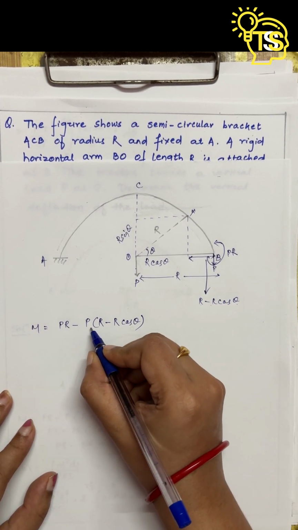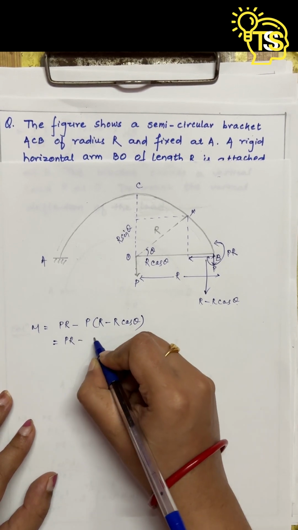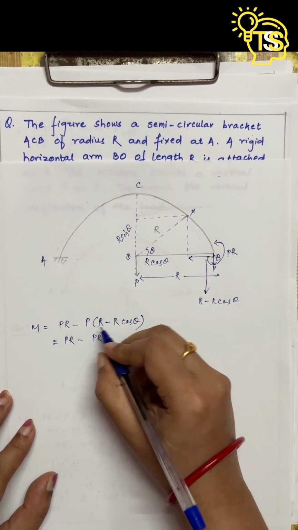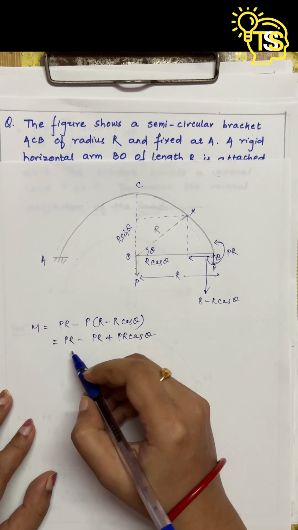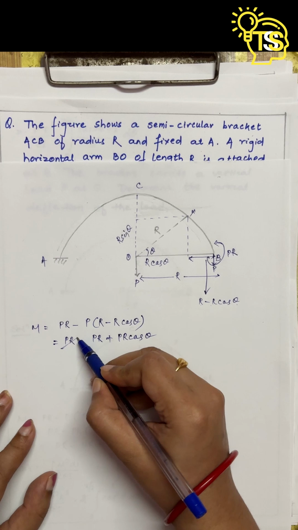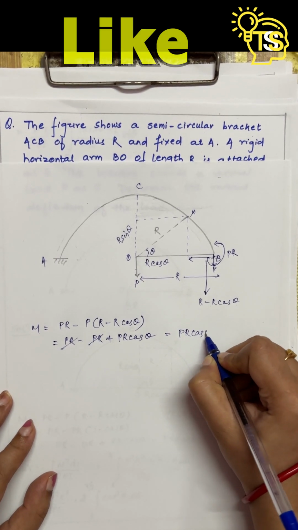So let's open the bracket. We will get Pr minus Pr plus Pr cos theta. This plus Pr minus Pr got cancelled. Now we got Pr cos theta.